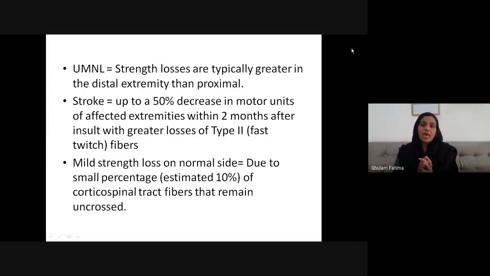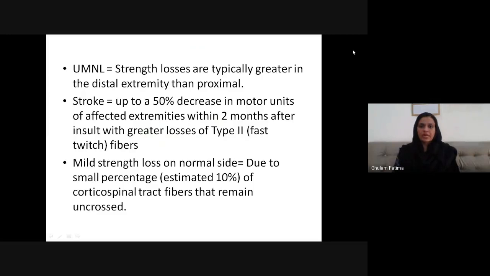And you all know what motor units are. They are an indication of how much strength a muscle can generate. More recruitment of motor units leads to more strength production.